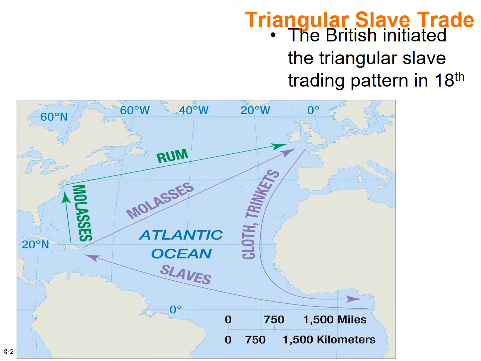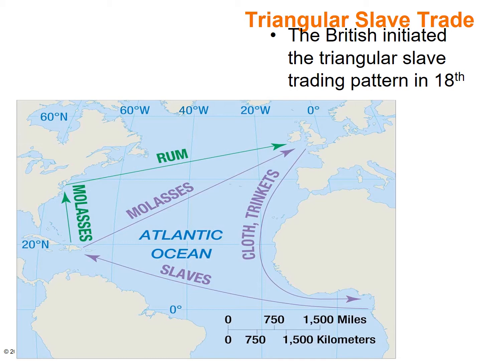This shows what's known as the triangular slave trade pattern, which the British initiated in the 18th century. And what you see here are just some basic examples of goods that would have moved back and forth, and of course, human slaves as well.